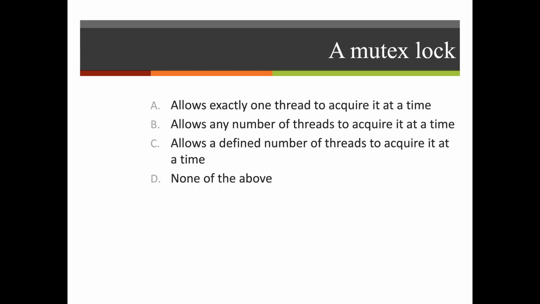Taking this into consideration, we can use a mutex lock. In what manner? It allows exactly one thread to acquire it at a time, allows any number of threads to acquire it at a time, allows a defined number of threads to acquire it at a time, or none of the above. And as we previously demonstrated, it allows exactly one thread to acquire it at a time.